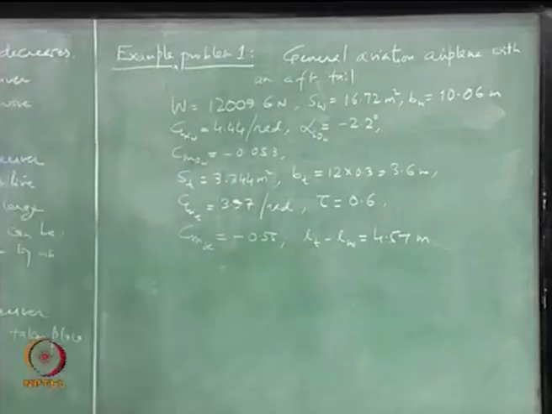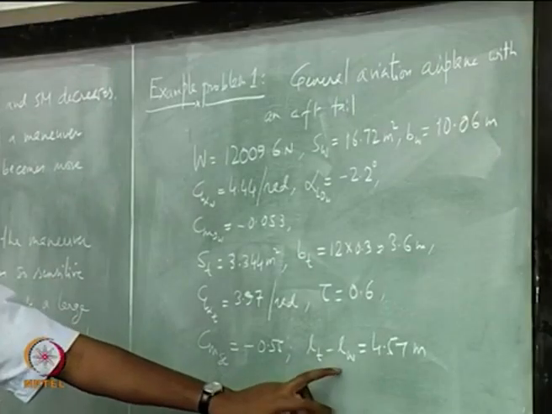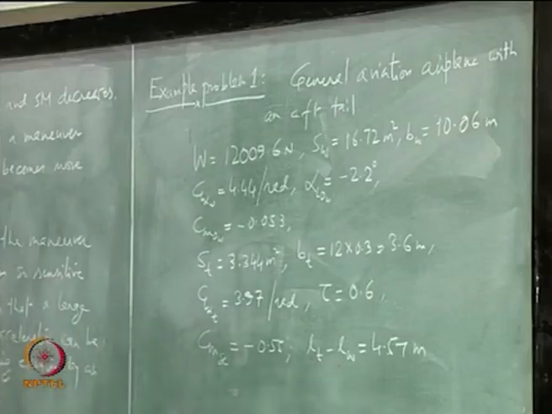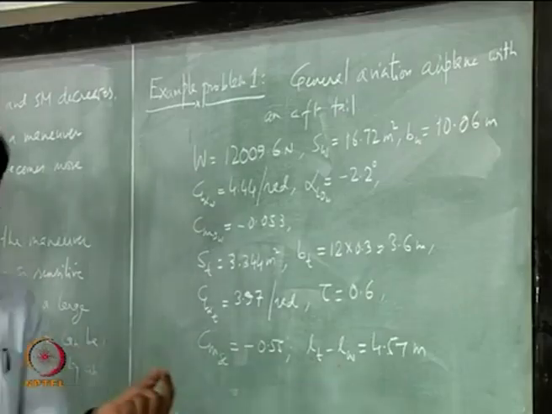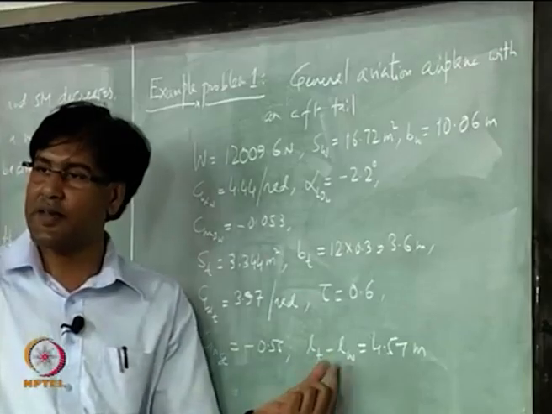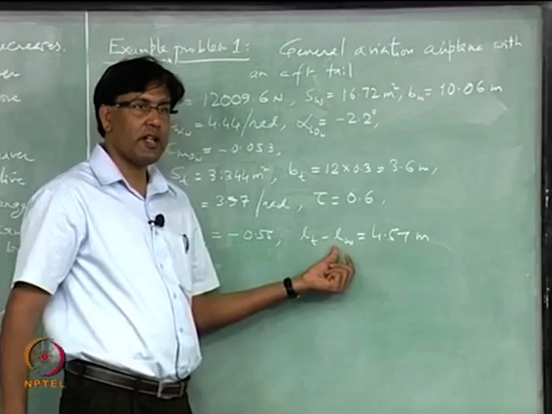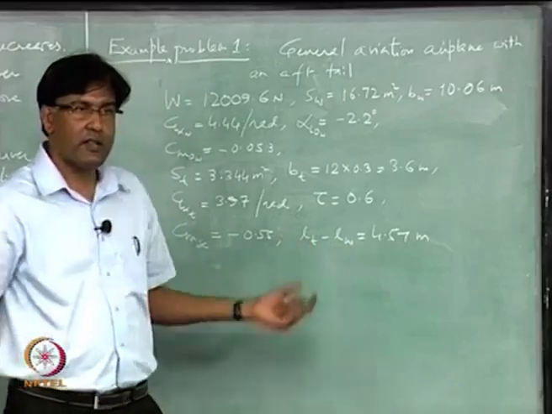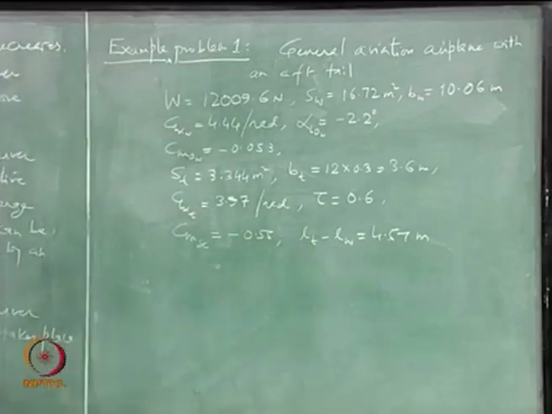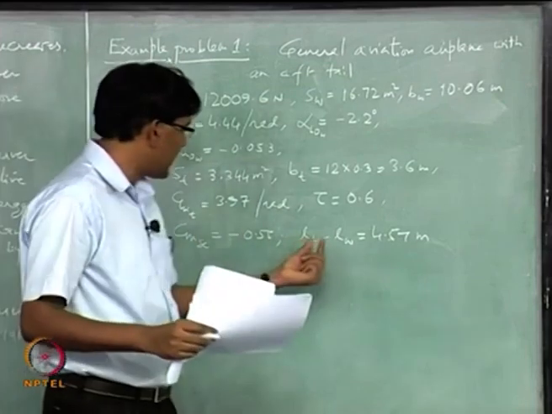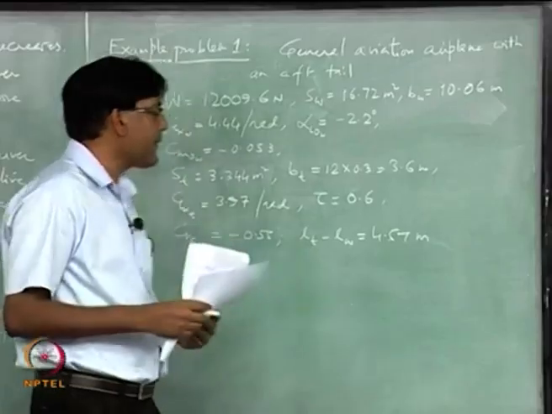LT is tail arm length, LW is wing arm length, right. So, CG location from the aerodynamic center of the wing is this LW, and LT is the distance between aerodynamic center of the tail and the CG, right.